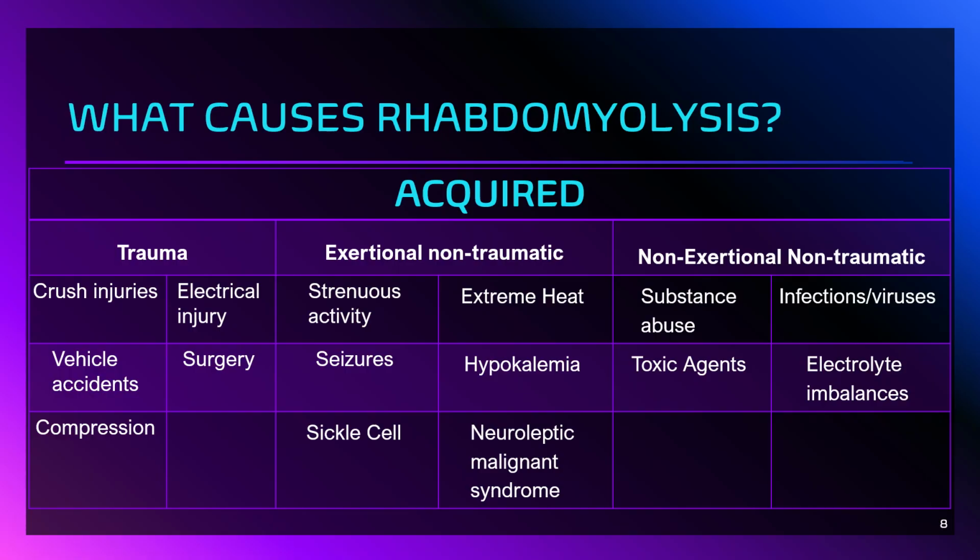Non-exertional, non-traumatic causes encompass substance abuse, such as alcohol, opiates, LSD, and ecstasy. Toxic agents, for instance, carbon monoxide and herbicides. Infections that include influenza A virus and HIV. And lastly, electrolyte imbalances.